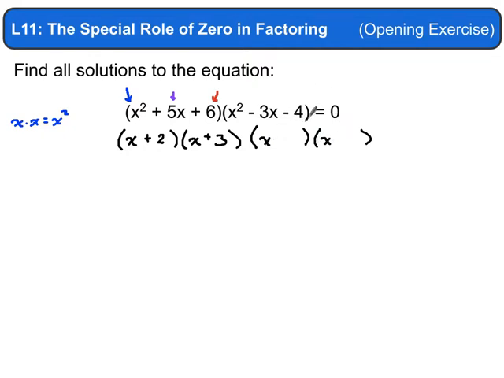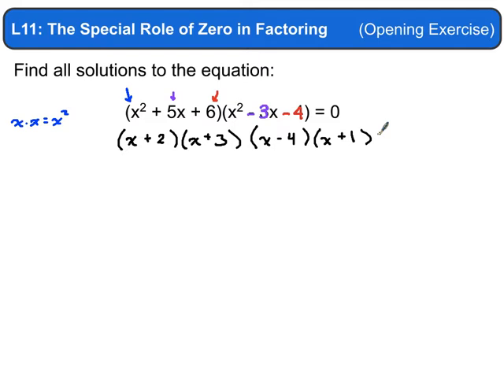We need something that multiplies to equal -4 and adds to equal -3. You have to be a little bit more careful here because you're dealing with negative numbers. But it turns out it is -4 and +1.